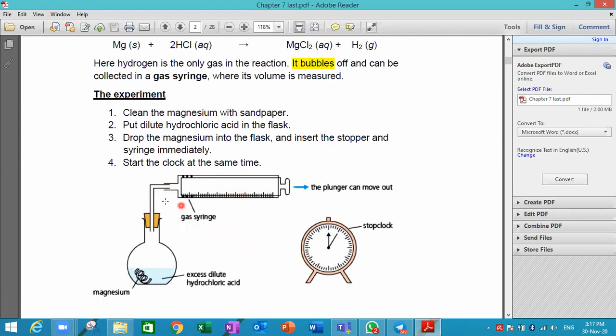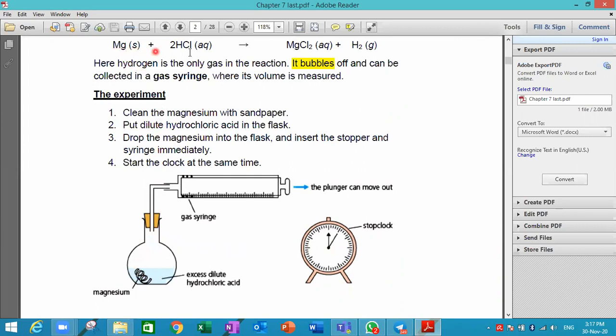As soon as we are prepared, we add the magnesium ribbon and place the rubber bung in the flask, and at the same time we start our stopwatch.